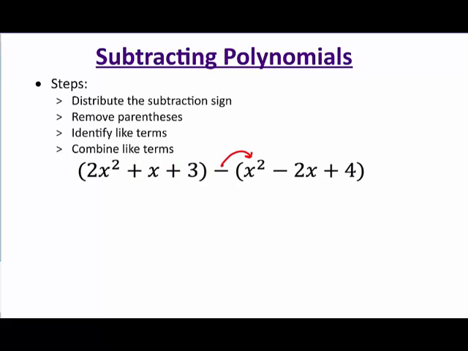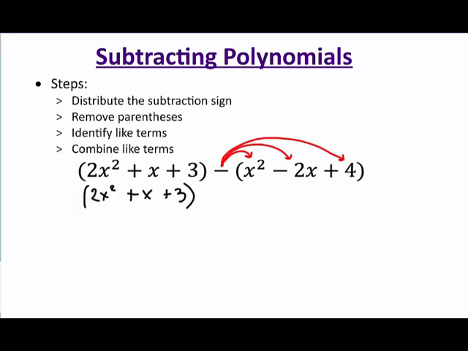So I need to distribute it to every term within the quantity. So if I do that, I'm going to have 2x squared plus x plus 3 when I rewrite my first quantity. And now I'm going to rewrite my second quantity.